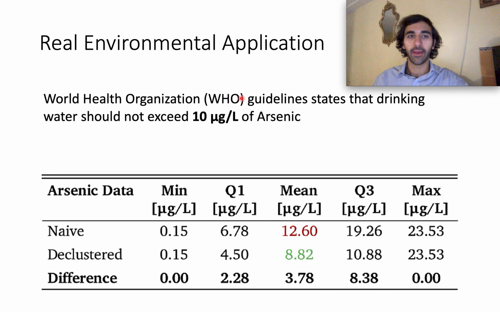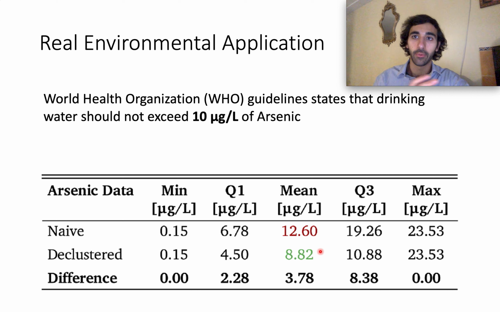So tying it back to our real environmental application, the WHO guidelines state that drinking water should not exceed 10 micrograms per liter of arsenic. And taking a look at this table here, our naive mean for arsenic concentration is 12.60, which is above the limit, but the declustered mean is 8.82, which is below the limit.